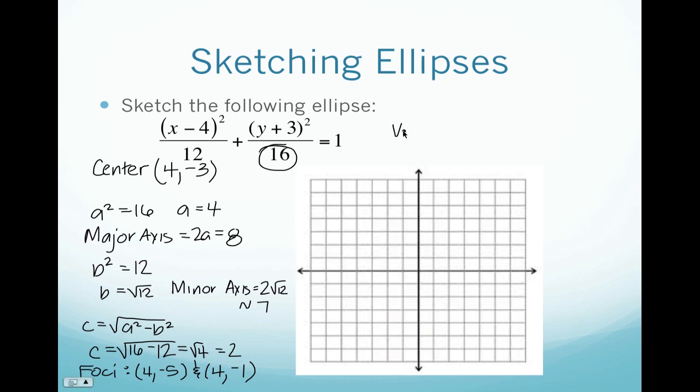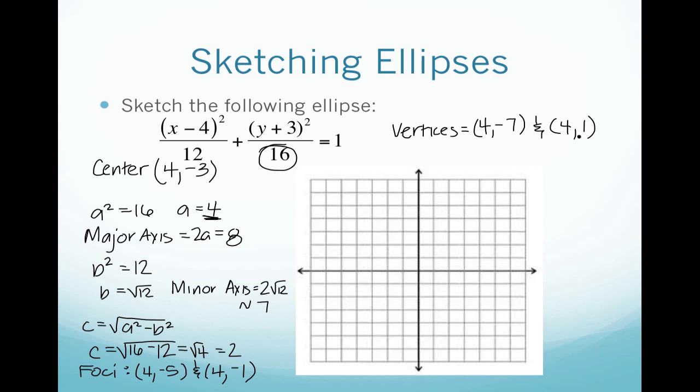So our vertices equal half of the length of the major axis added and subtracted to your y coordinate since it's a vertical ellipse. So this will be (4, -3 minus 4), which is (4, -7). And then our other vertex will be (4, -3 plus 4), so (4, 1).